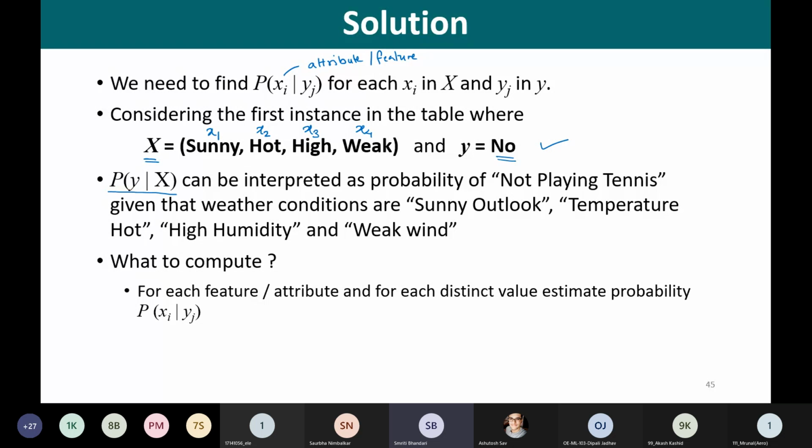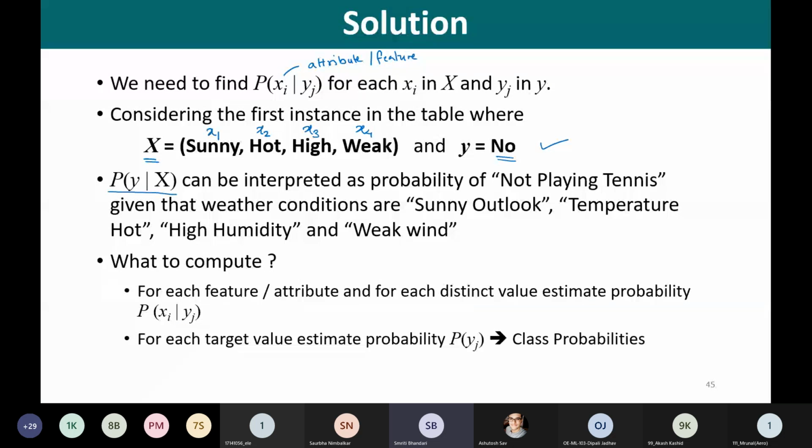So if we want to find that, what computations do we need? First of all, for each feature or attribute and for each distinct value of the attribute, we need to compute the probability of xi given yj. I'll repeat, for each attribute and for each distinct value of that attribute, we need to estimate the probability of xi given yj.